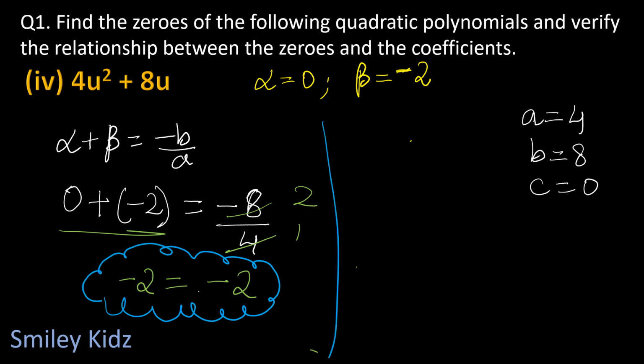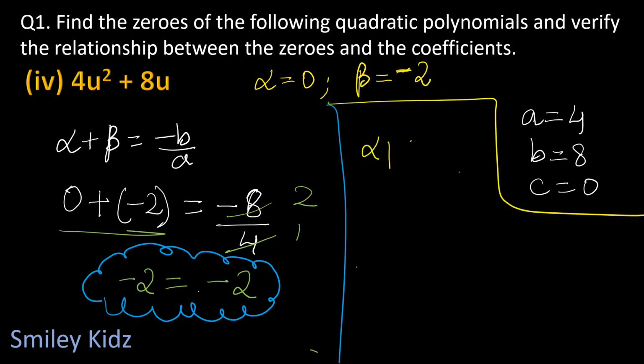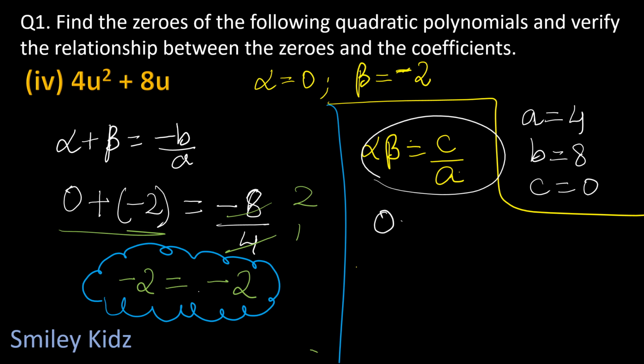Now we're going to take a look at the product of the zeros. What is the product of zeros equal to? Alpha beta is equal to C by A. What is alpha? 0, and what is the value of beta? It is minus 2.